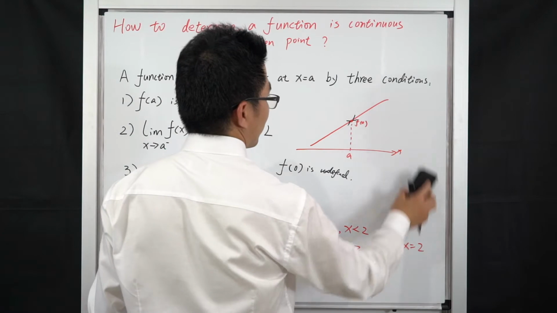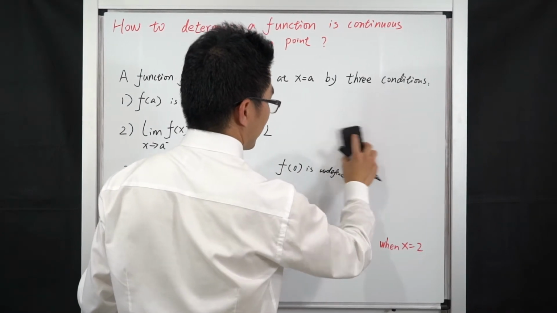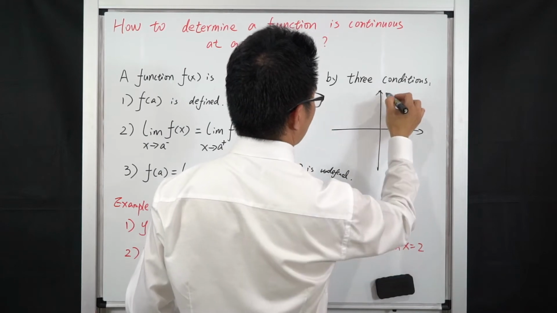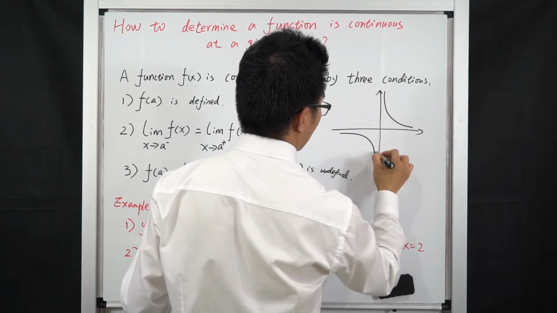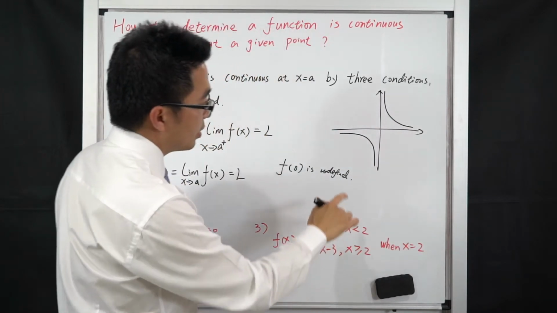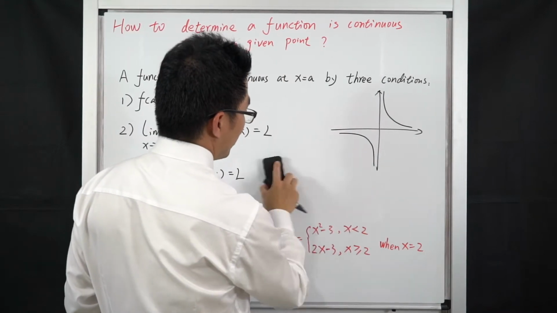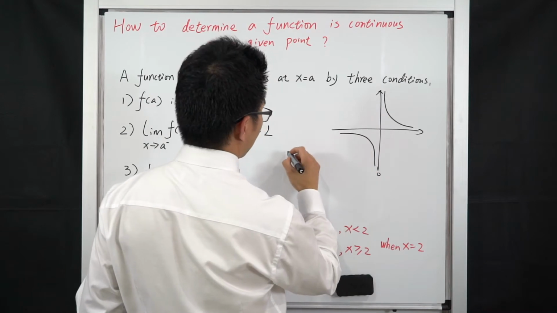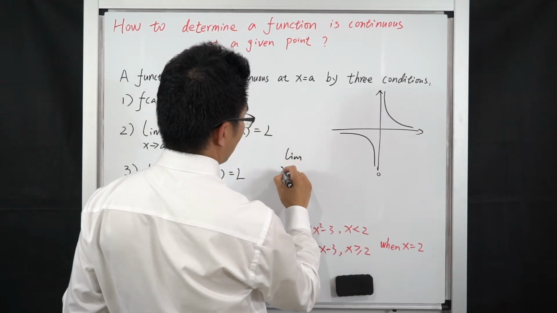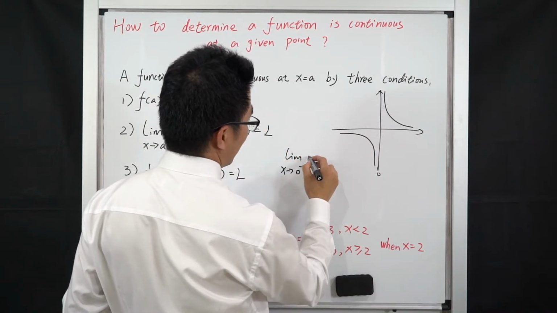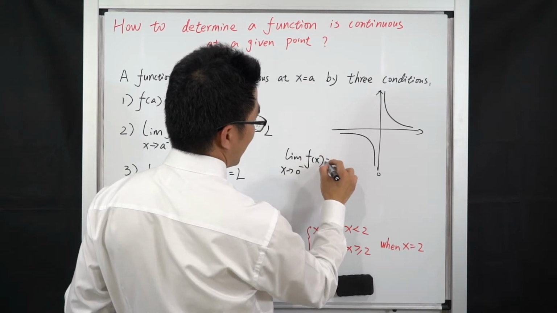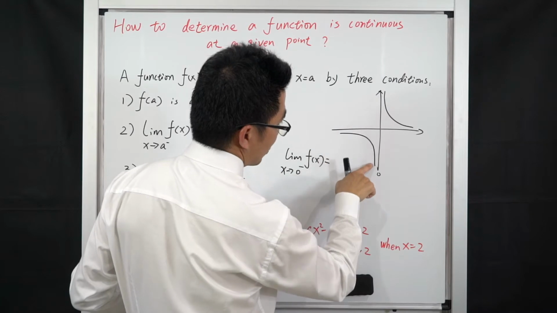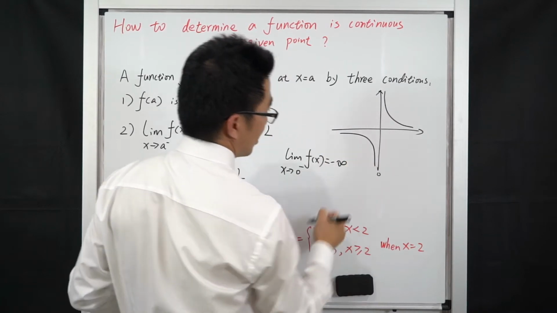When we draw the graph of this function, it is a hyperbolic function. The limit of the function as x approaches 0 from the negative side is equal to negative infinity.